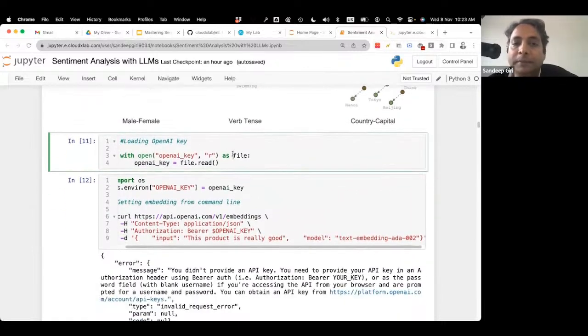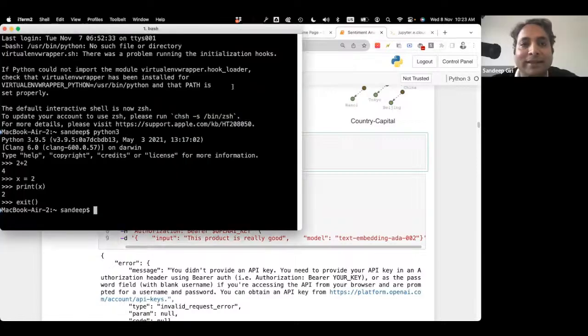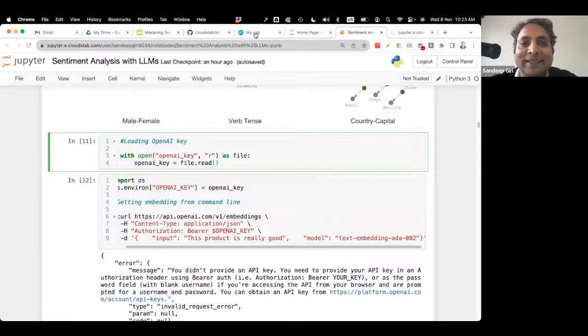Now, I provided the OpenAI key in the Zoom chat for you. Let me pause my screen. Otherwise, if you guys start using my OpenAI key, then it will just use up all my credits and I'll go bankrupt.